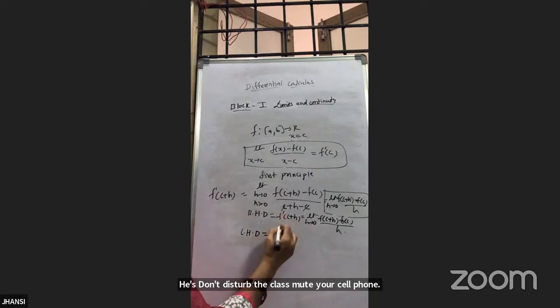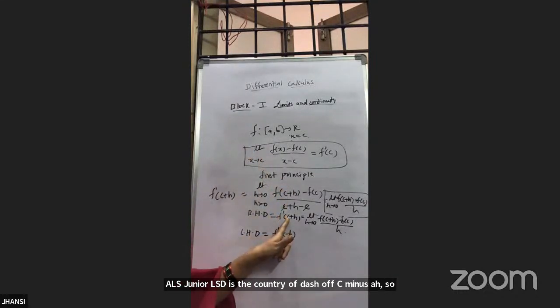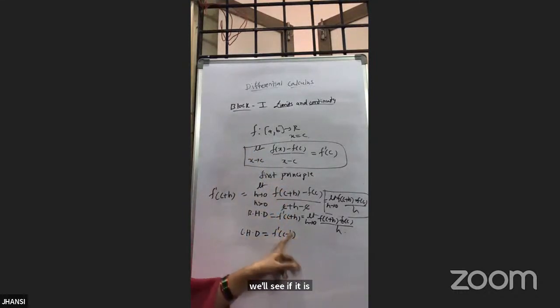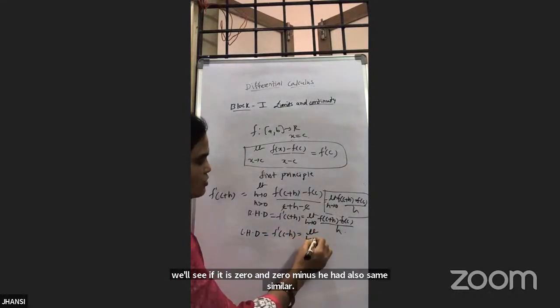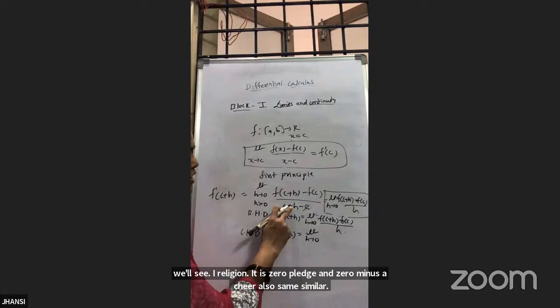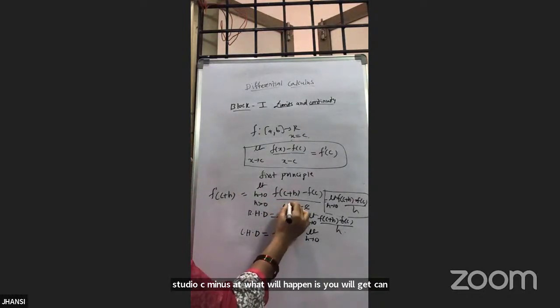LHD is equal to f dash of c minus h. Like RHL and LHL, it is 0 plus h and 0 minus h, similarly here. It equals limit h tends to 0. If we substitute c minus h, c will get cancelled in the denominator, leaving minus h.